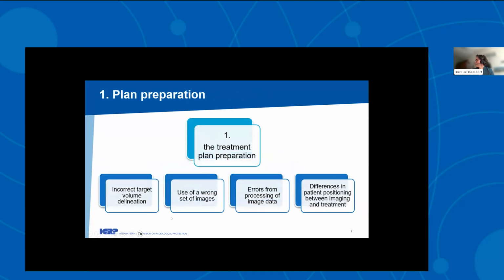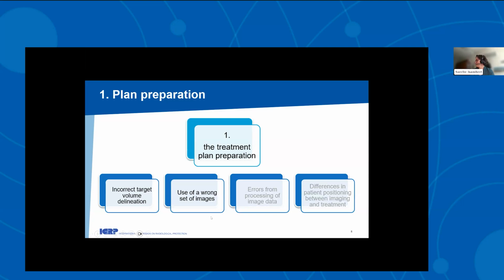For the first step, treatment plan preparation, here again, we can more or less sort the errors into 4 subcategories. First, incorrect target volume delineation. Second, the use of a wrong set of images. Third, errors from processing of image data. And a fourth one, differences in patient positioning between imaging and treatment.